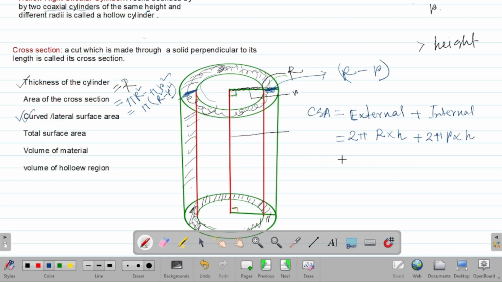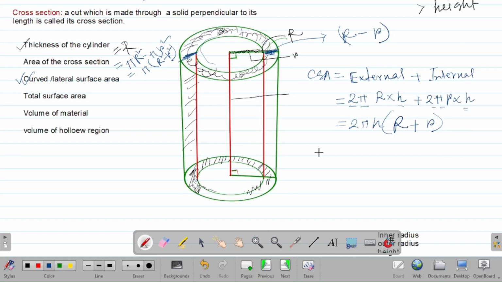Taking 2 pi h as common, we get 2 pi h multiplied by capital R plus small r. This is the curved surface area of a hollow right circular cylinder.